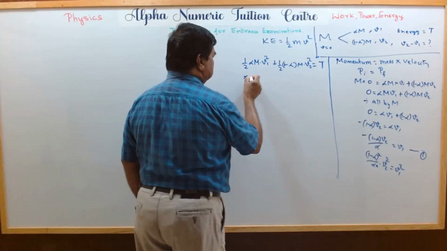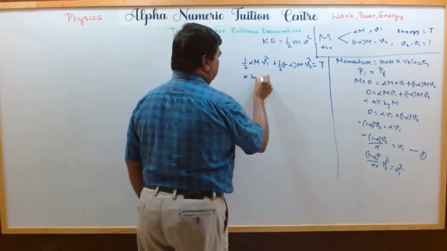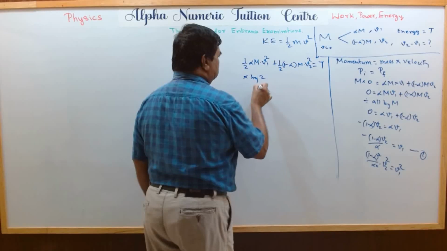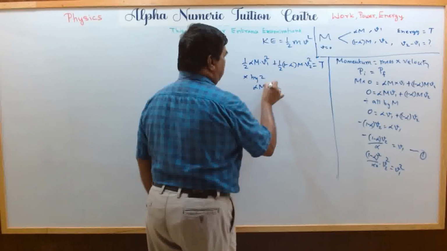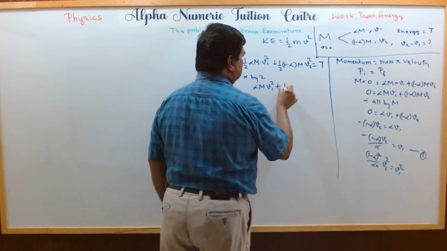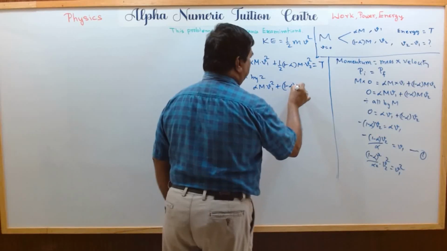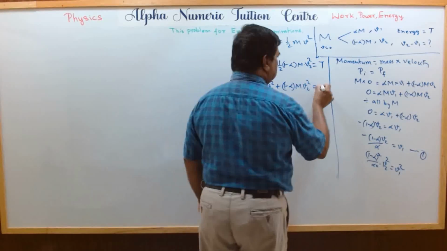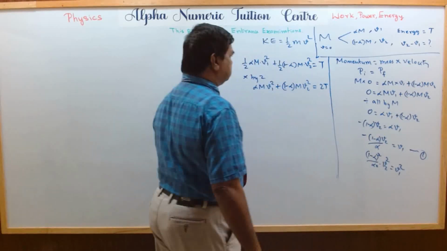Now multiplying all the terms by 2, the 2 will get cancelled. So alpha M v1 squared plus 1 minus alpha M v2 squared is equal to 2T.